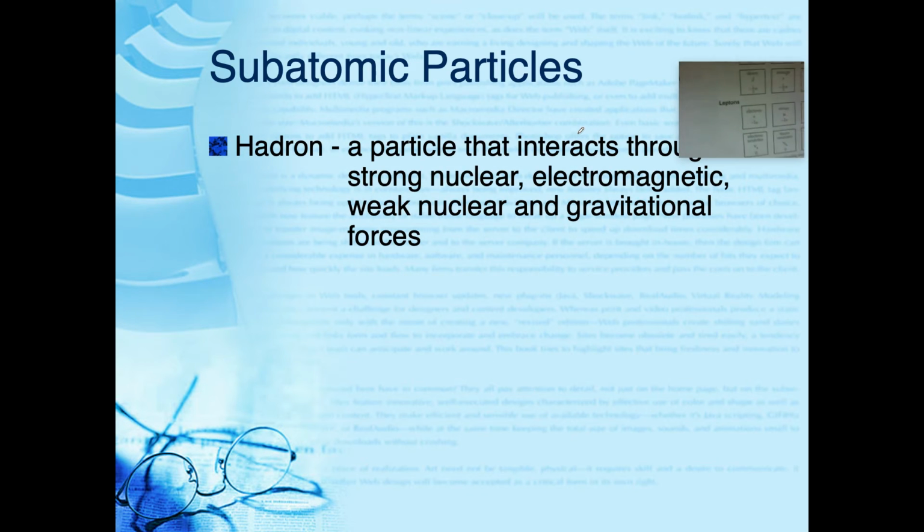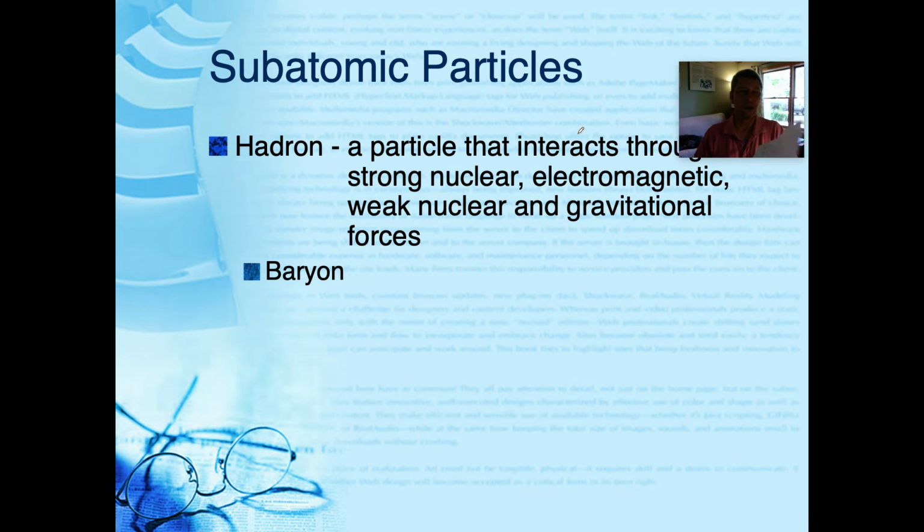And then the leptons are divided into electrons, muons, the tau lepton, an electron neutrino, a muon neutrino, and a tau neutrino. So electrons and electron neutrinos, muons and muon neutrinos, tau and tau neutrinos.